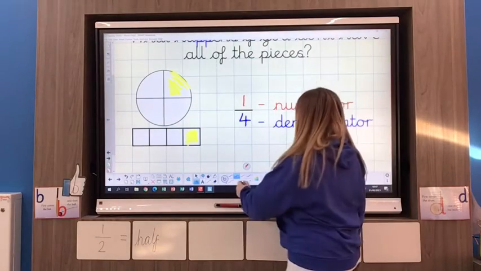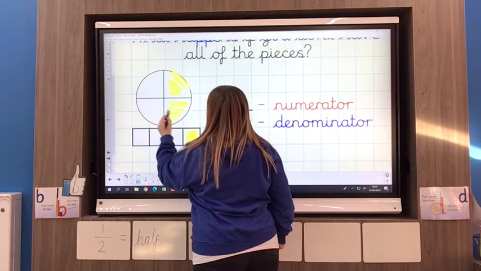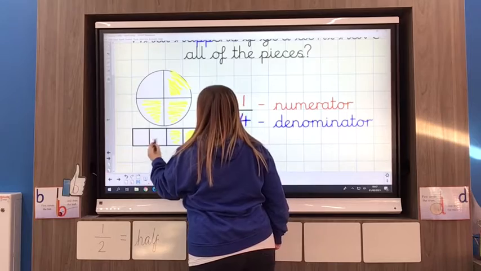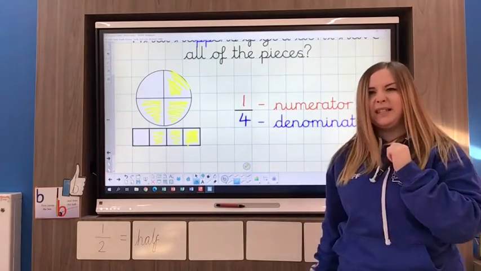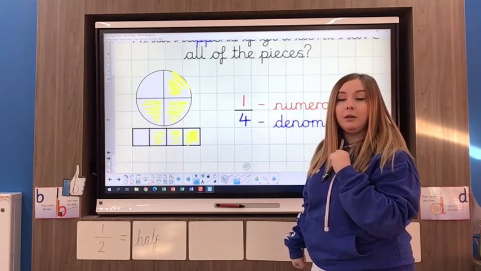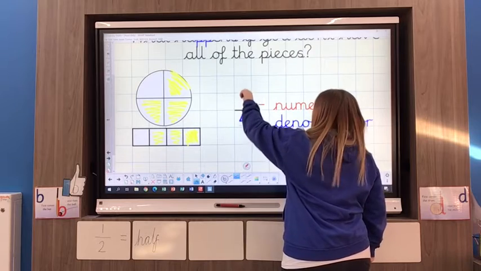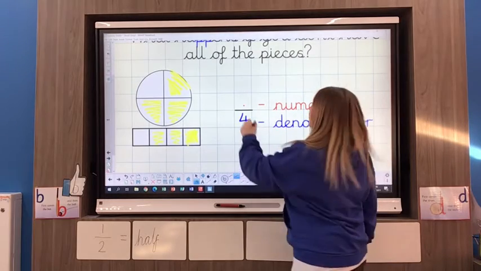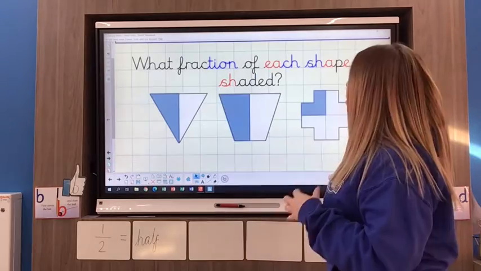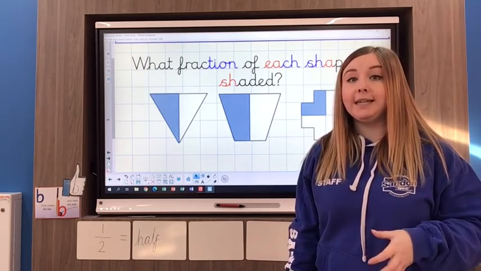But what would happen if I've got three of those pieces? What would happen to my numerator? It would change from a number 1 to a number 3. Brilliant.